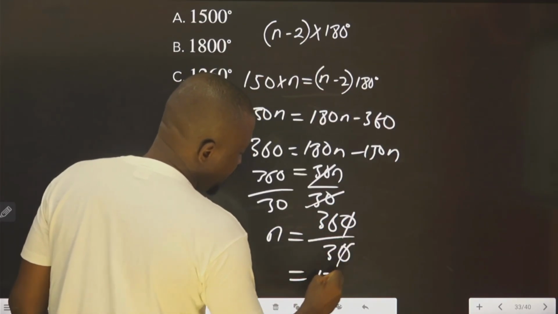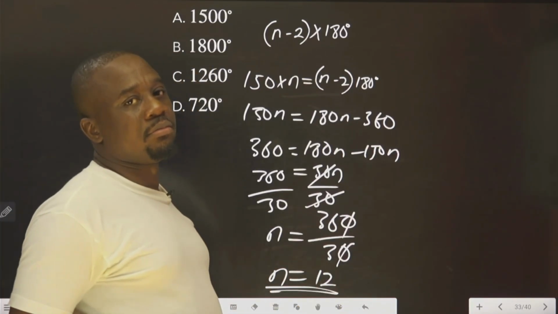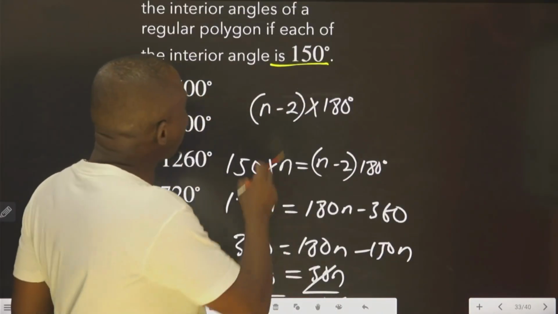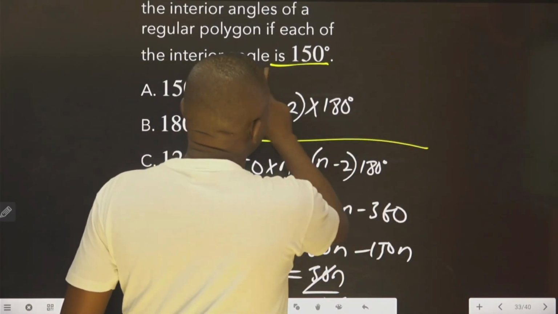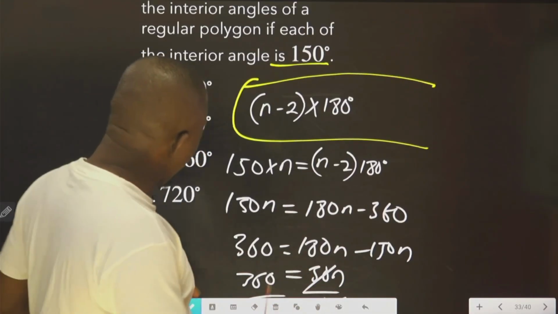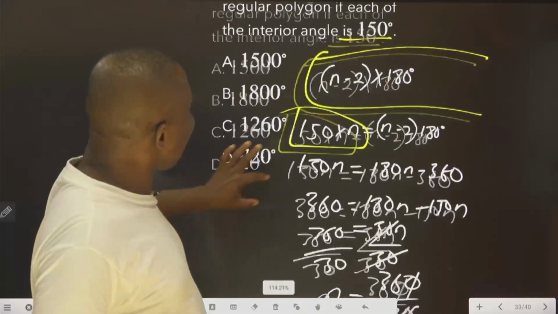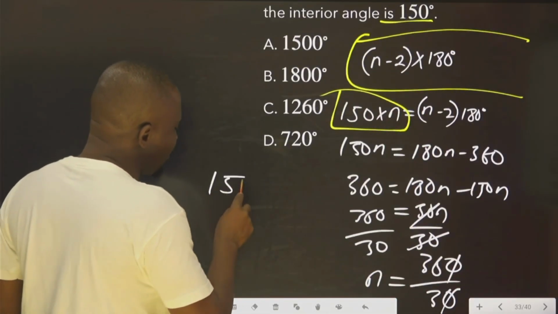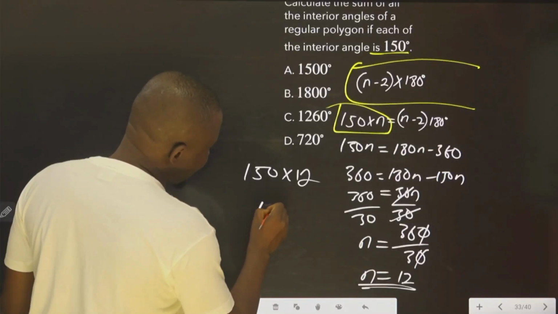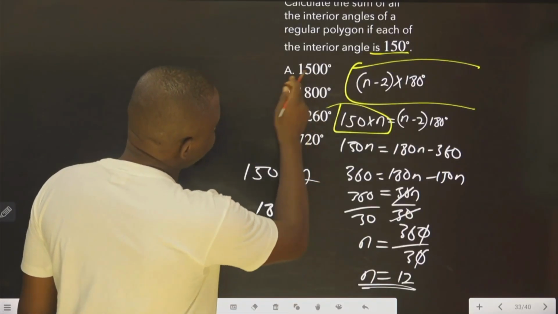You agree with me? We're going to have 12. What we have now is just 12. This is the number of sides. Now, this is the formula to calculate the summation. Or we can simply say 12 multiplied by this. So now that we have the number of sides, say 150 multiplied by 12. So at the end of the day, if you multiply this, you're going to have 1800. So that's 1800 degrees. B is the answer.